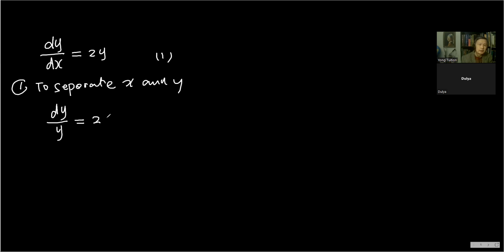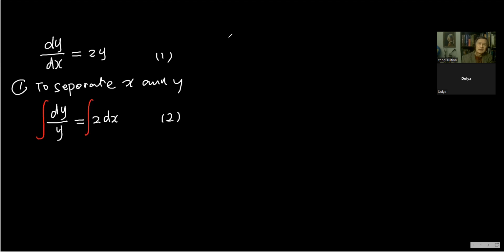So that is 2 dx. Can you see that's an algebraic change, right? Then it's easier to do integration on both sides. To do integration in this case, we just add this sign. That's all. Can you see?